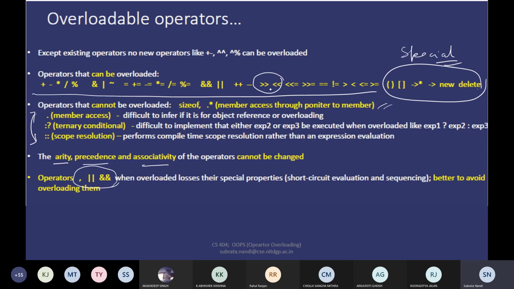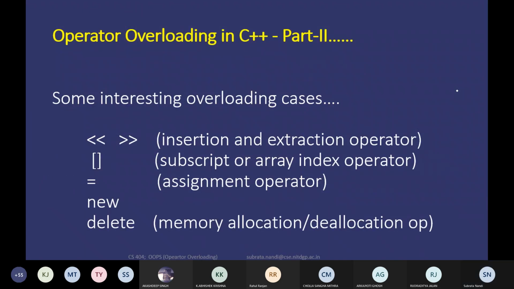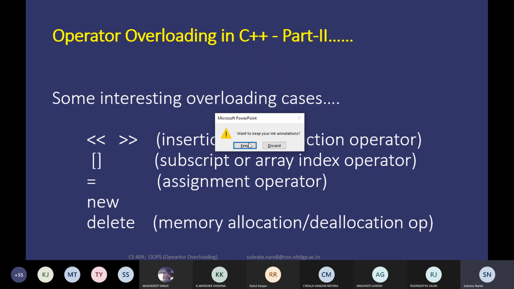So by overloading these operators in that class complex or class matrix. And also we'll look at something related to new and delete overloading. So in part 2 we'll be talking about this. So let's switch to that one.